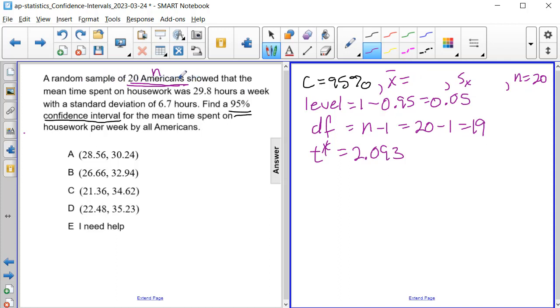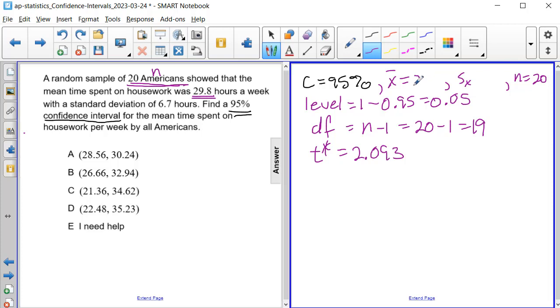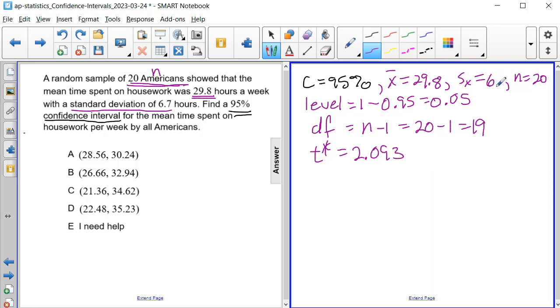The random sample of 20 Americans showed that the mean time spent on housework was 29 8/10 hours. So that's our mean, 29.8, with a standard deviation of 6 7/10 hours. So our standard deviation is 6.7.